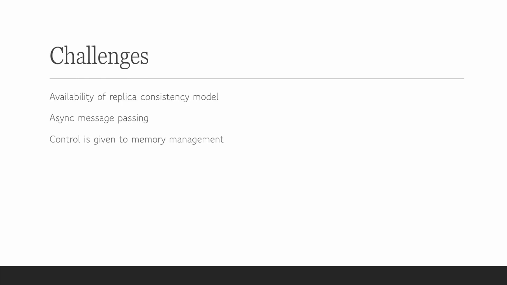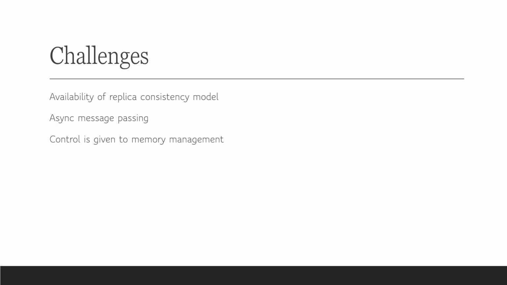Next are the challenges in implementing replica coherency in the distributed shared memory model. Programmers must be aware of the available replica consistency models and code their distributed applications according to the semantics of these models. As distributed shared memory is implemented by asynchronous message passing, it faces the overhead of asynchronous synchronization.